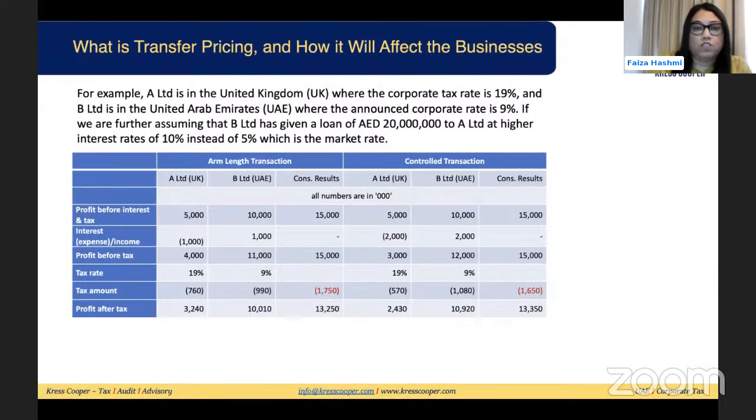So if you see the consolidated results, they would be paying more if they were doing an arm's length transaction, which is 1,750,000. But in case of the controlled transaction, where they're giving the benefit to the related party, it is coming out to be 1,650,000. So to avoid this situation, to ensure that this is not happening between related parties, these transfer pricing rules have come into place.